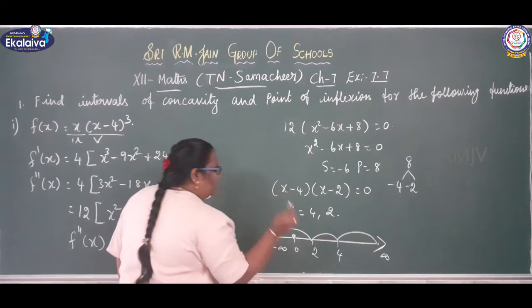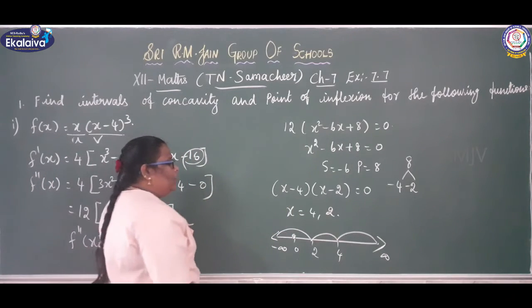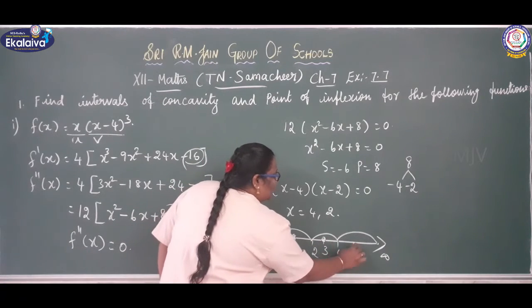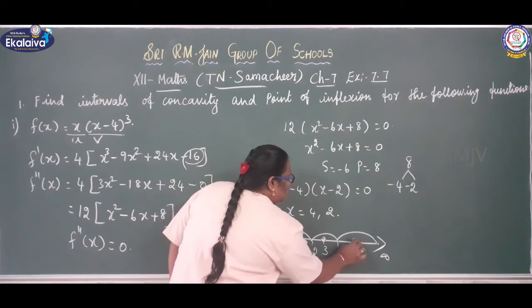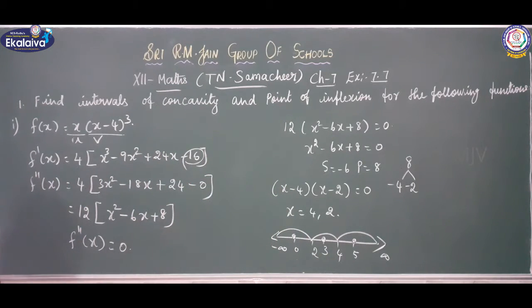Then substitute it in f double dash of x. For 2 to 4 you can take the value 3, and in the same way take 5 and put a dot, because these are the values we are going to substitute in f double dash of x.